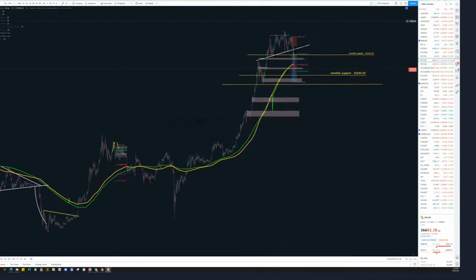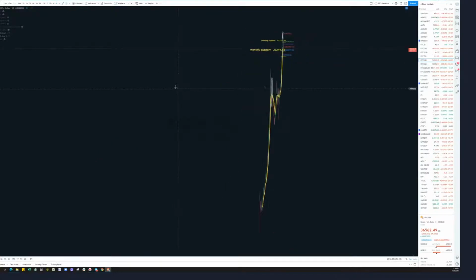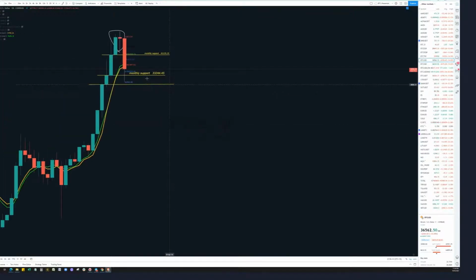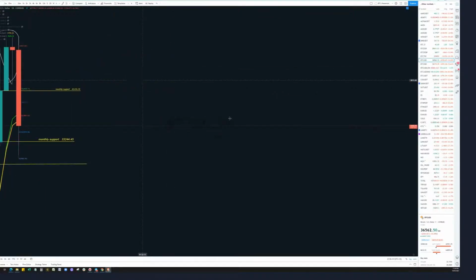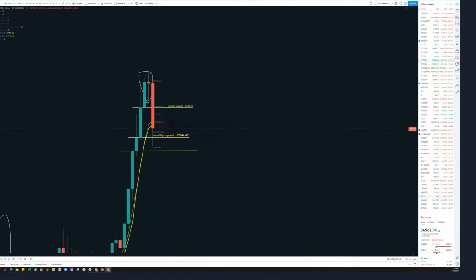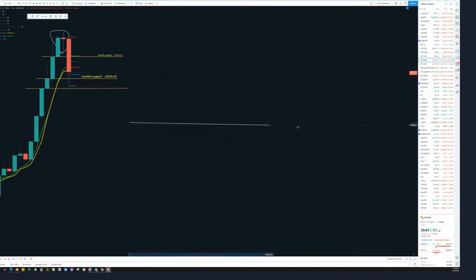Let's just put a line there. Let's look at the monthly chart. So you can see that line.